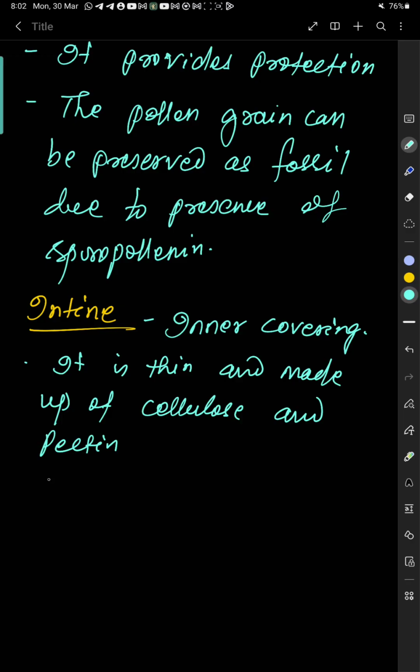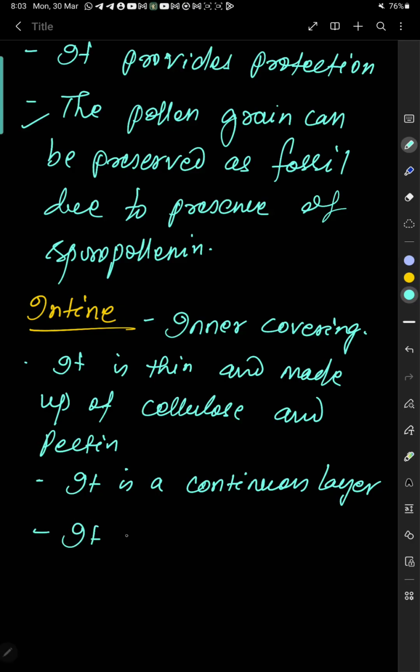But exine is not a continuous layer. Okay, why? Because at the region of germ pore it is discontinued. Okay, now what is the function of intine?